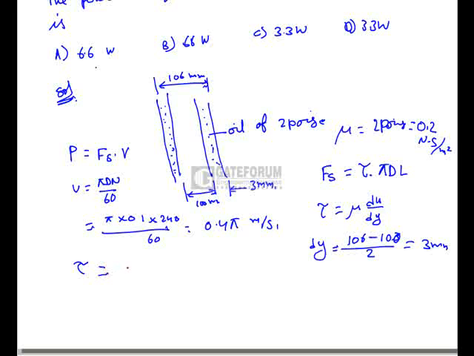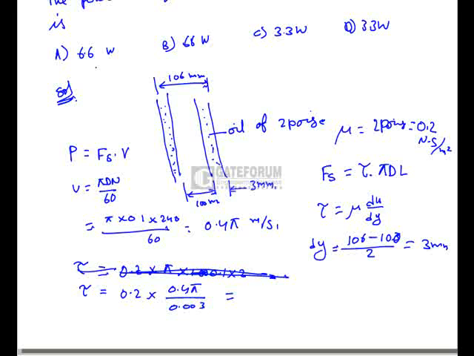We get tau is equal to mu into du by dy, that is 0.2 into 0.4 pi by 3 mm, that is 0.003 meters, which gives a value of 0.266 into 10 cube Newton per meter square.